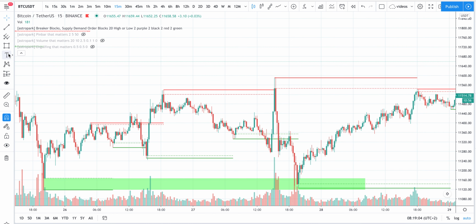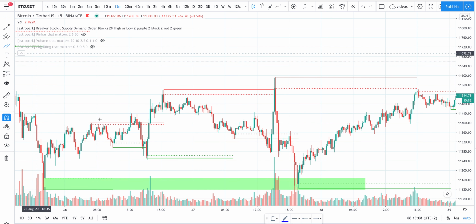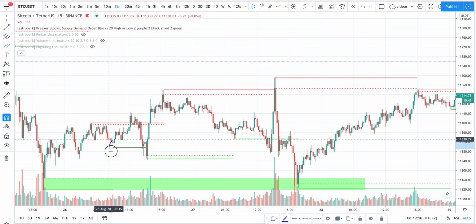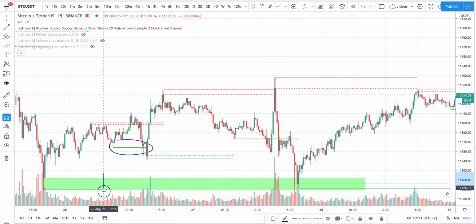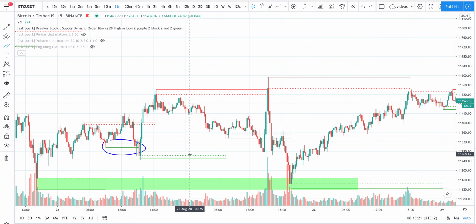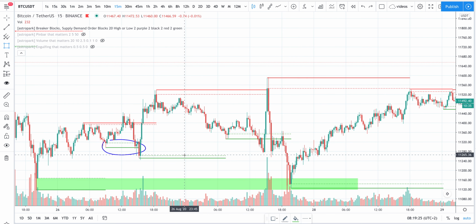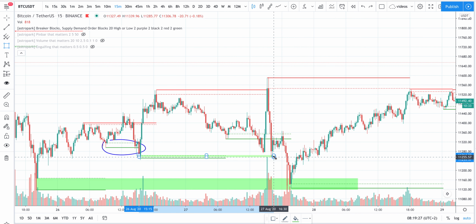TradingView does not let me draw too many lines, so when a new zone appears, the previous one is discontinued, but it's still valid. Okay, this is something important to understand. For example, here also this zone was respected in the future.